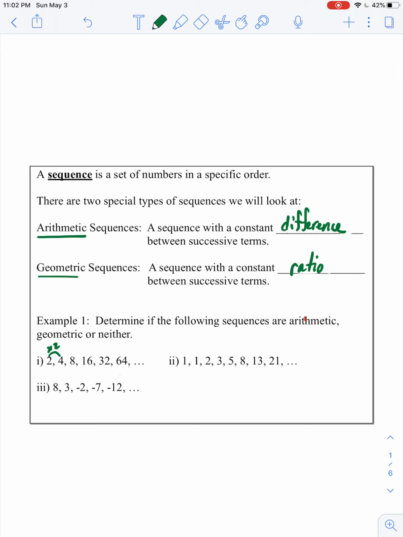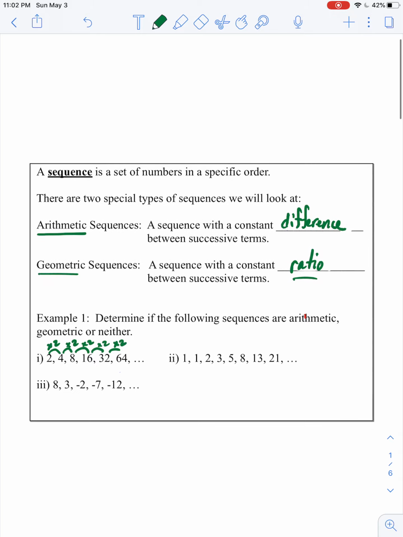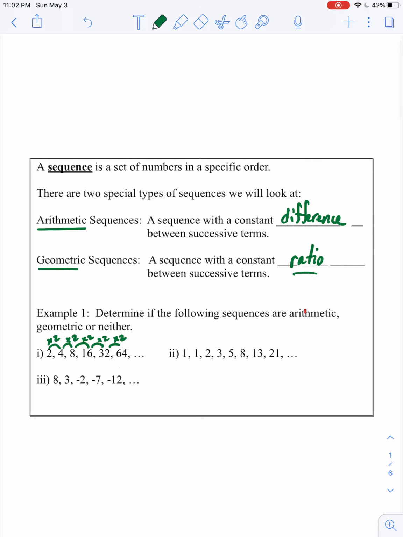So 2 times 2 is 4. 4 times 2 is 8. 8 times 2 is 16. 16 times 2 is 32. Since I'm multiplying by the same thing every time, in other words, the ratio of 4 divided by 2 is 2, 8 divided by 4 is 2, 16 divided by 8 is 2, and since that ratio is the same every time, that is a geometric sequence.